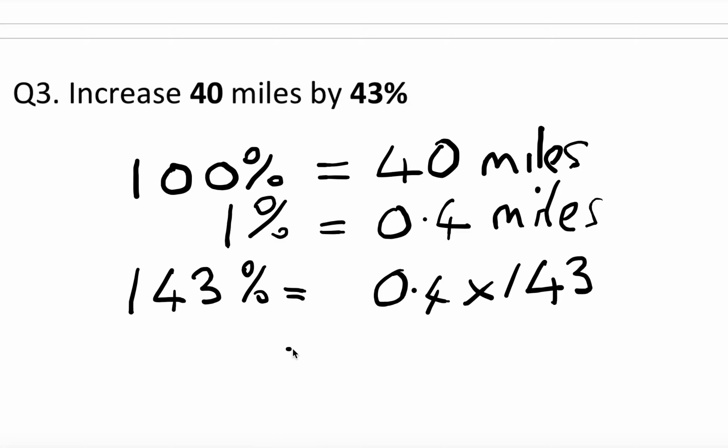And if you do that on your calculator, the answer will be 57.2. Now, is that the final answer? We need to know what the units are, don't we? If we want to get those extra marks in the exam, and that will be miles.